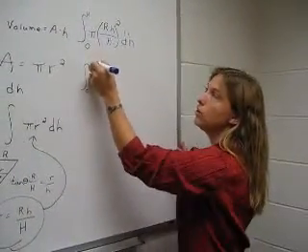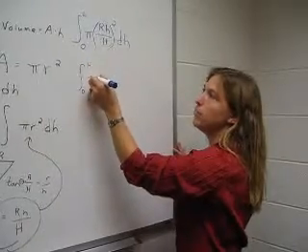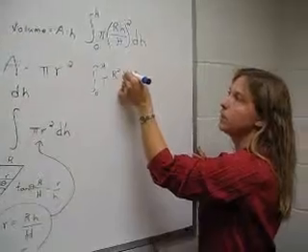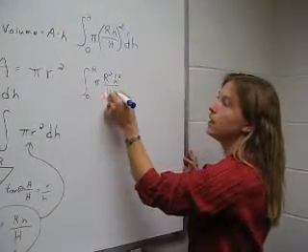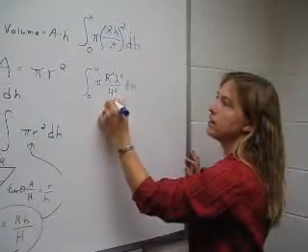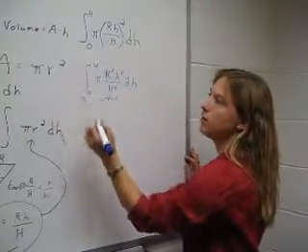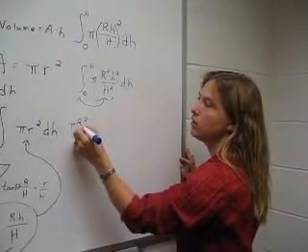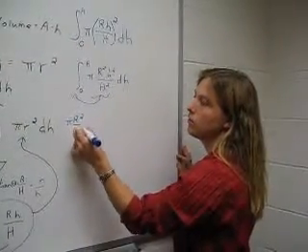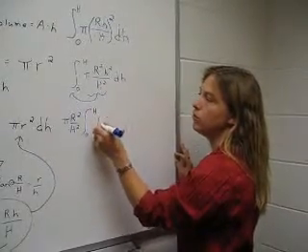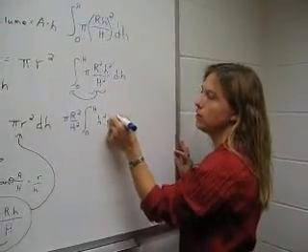The integral from 0 to capital H of pi times big R squared, little h squared, over big H squared, dh. I can take my constants to the front, so I'll have pi R squared over H squared times the integral from 0 to H of h squared dh.